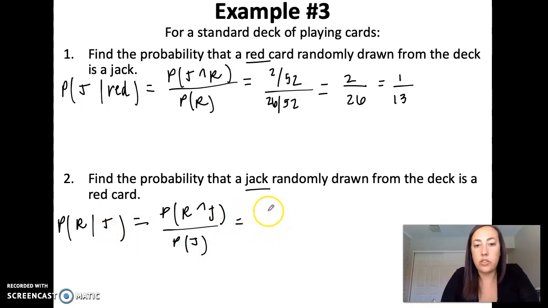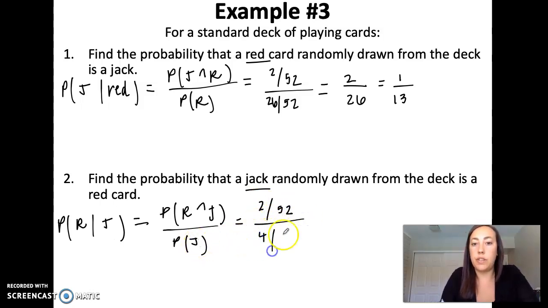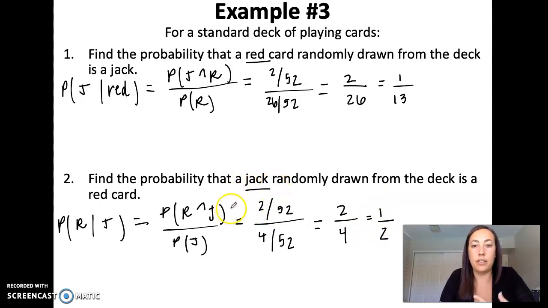Red and jack is 2 out of 52, since only 2 cards are both red and a jack. The probability of a jack is 4 cards out of 52 since there are 4 jacks in a deck. That simplifies to 2 out of 4, which is 1/2. This makes sense: you know there are 4 jacks and 2 are red, so that's why we're getting 1/2. So that's conditional probability for you. Let me know if you have any questions.